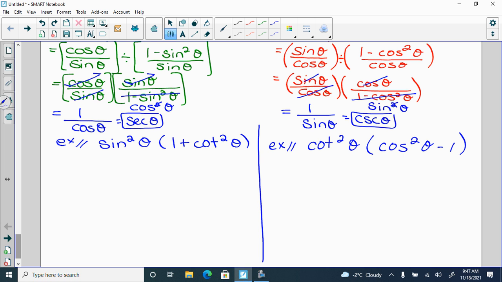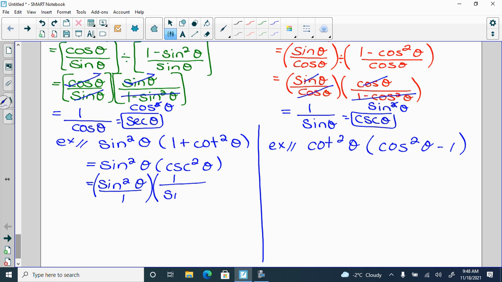Take that in, toss it out and replace it with cosecant squared theta. And what can I do? It's a reciprocal. So it'd be sine squared theta over 1, and then cosecant squared is 1 over sine squared theta. Oh my goodness, what's going to happen here? Everything cancels.